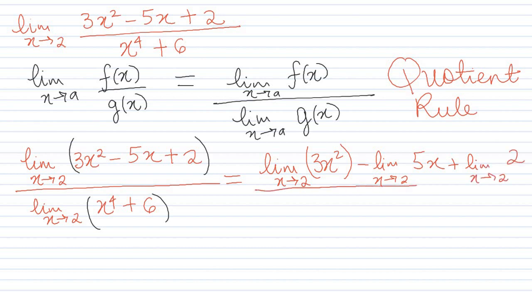All of that divided by the limit as x goes to 2 of x to the 4th plus the limit as x goes to 2 of 6. So yeah, that's basically it.